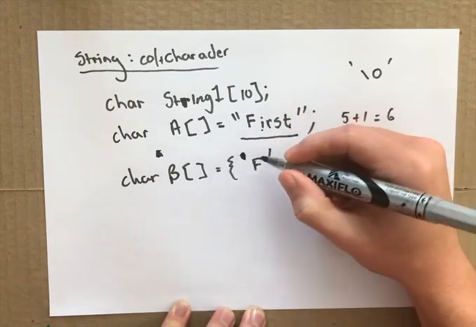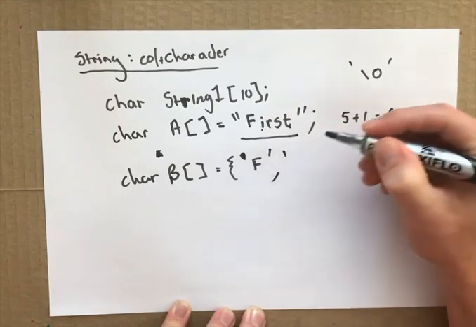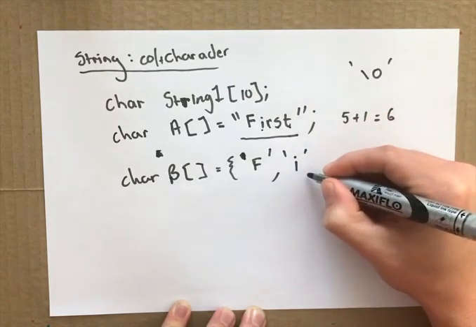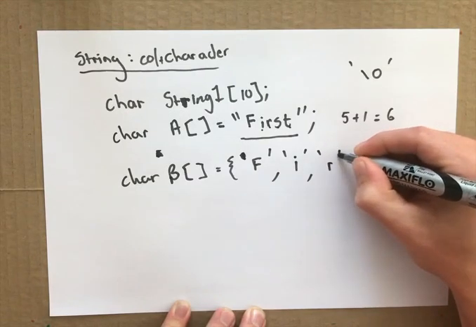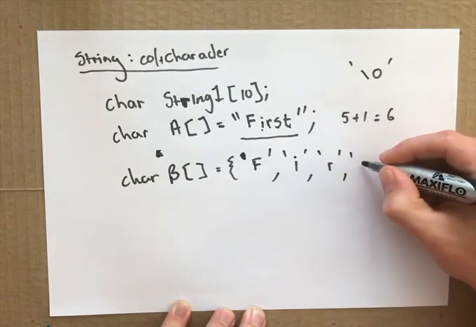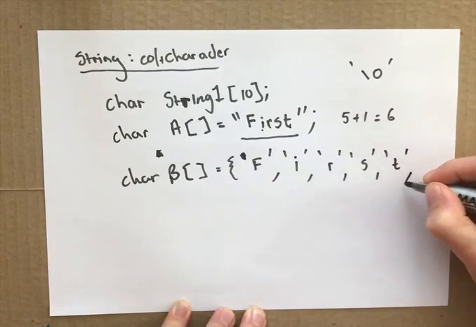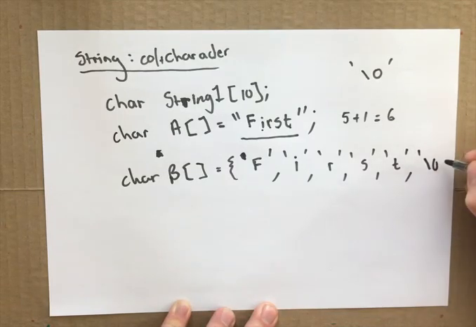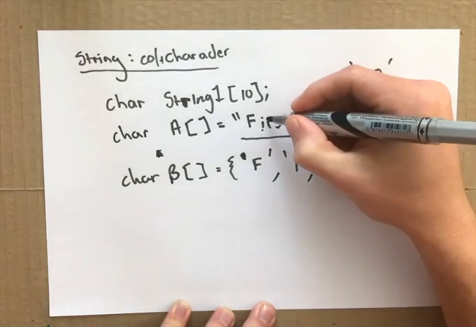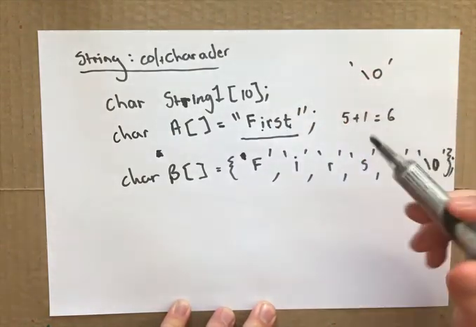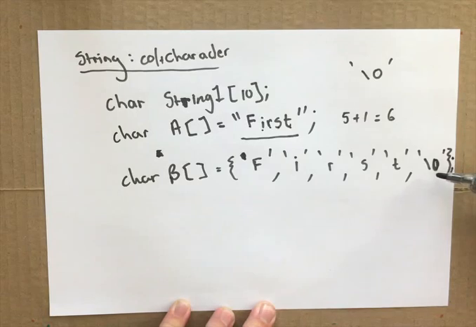In single inverted commas we only have one character. So F, I, R, S, T, and then the null character, close, semicolon. Okay, so these two are exactly the same, but now we can actually see where the special character fits in. The special character ends a string value.